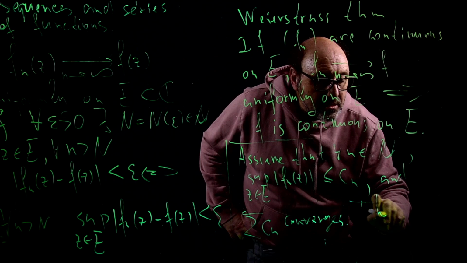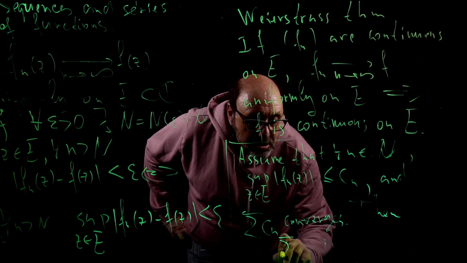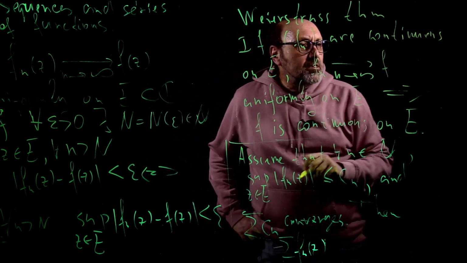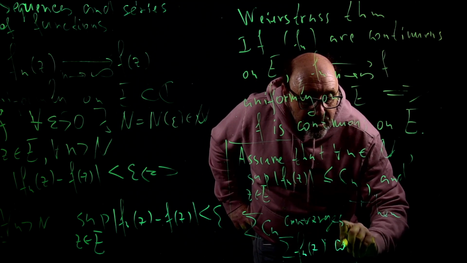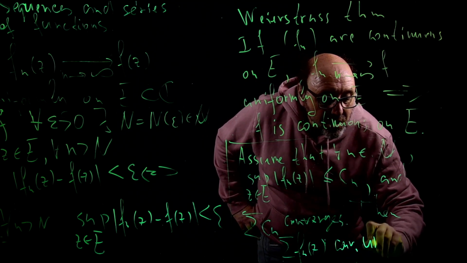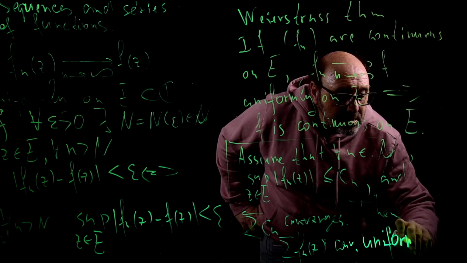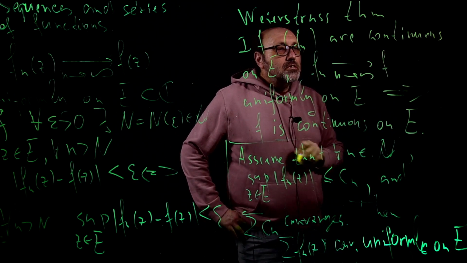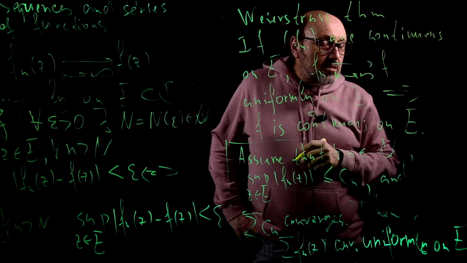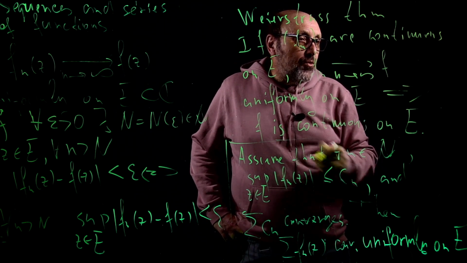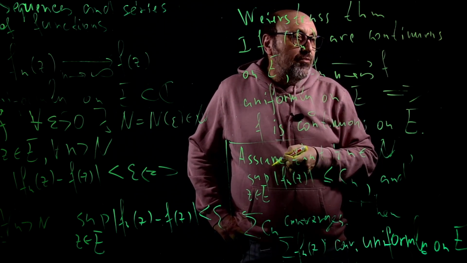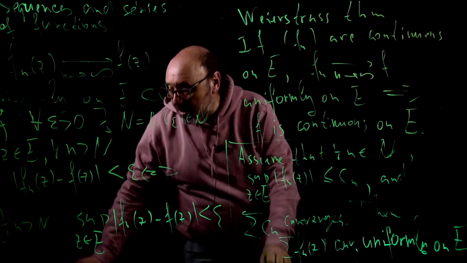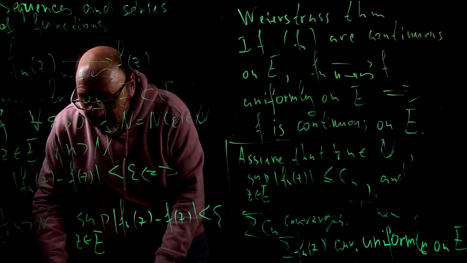Then the series of functions f_n of z converges uniformly on E. The proof is very simple and uses the Cauchy criterion for uniform convergence of a series. So this is a classical result of real analysis. This is still not complex analysis.